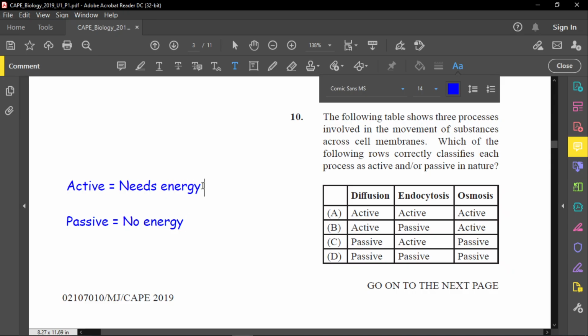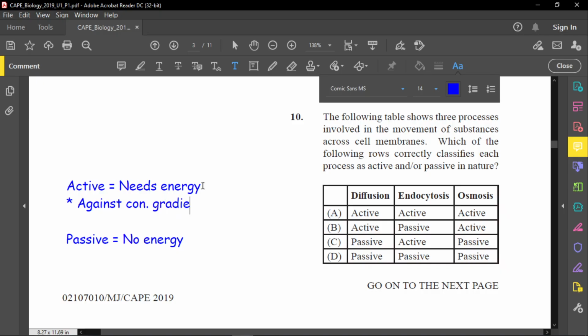And so for active transport, what is also happening is that the solute or the solvent from the solution will move against a concentration gradient. So the movement will be against the concentration gradient. I'm just putting CON as short for concentration gradient.